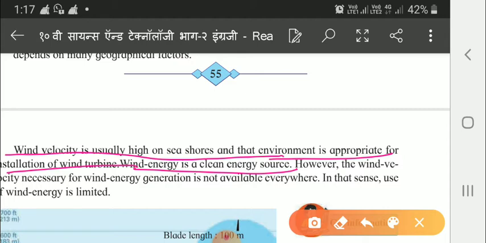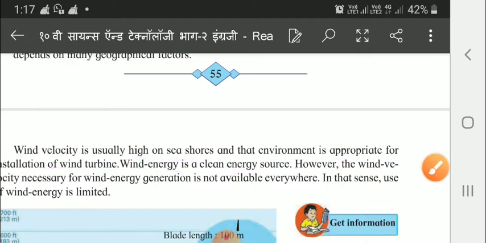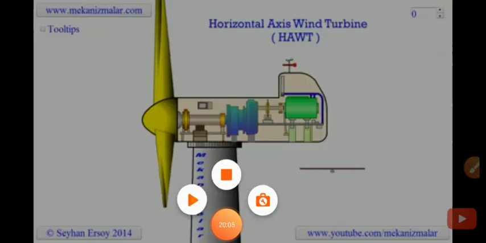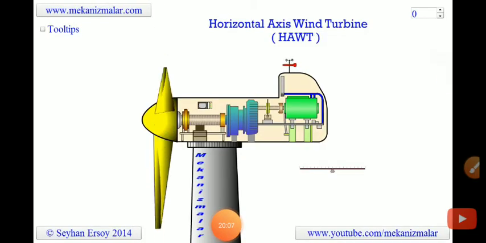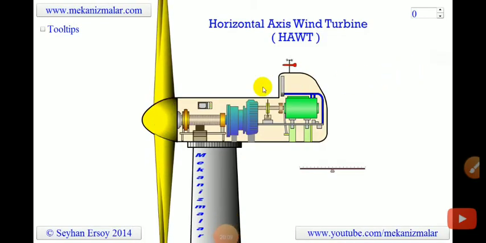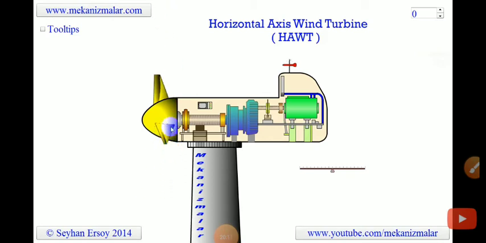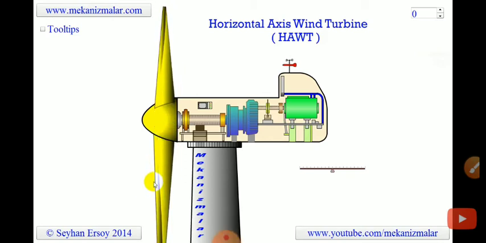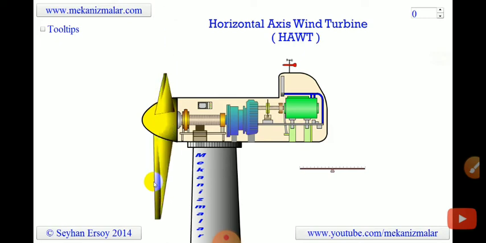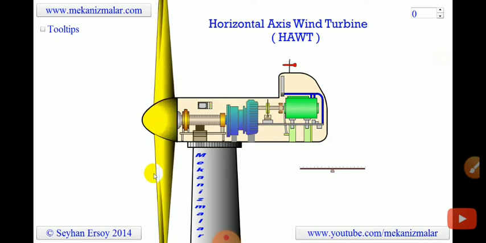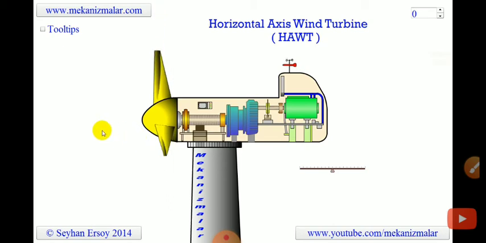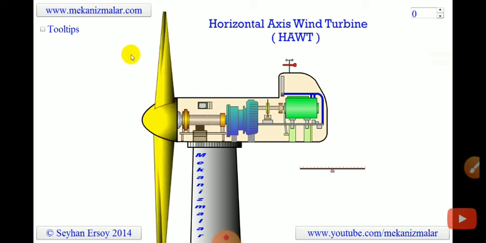Now children, let me show you the diagram. Just see children, this is the animation of that diagram, how the windmill is working. Already I explained it to you, so with this you can understand in a better way.